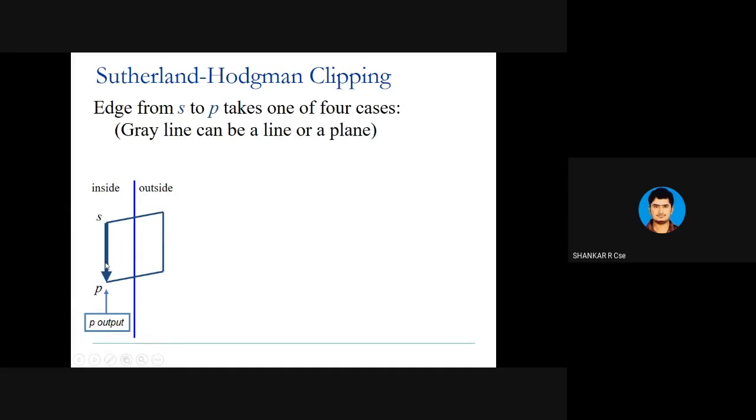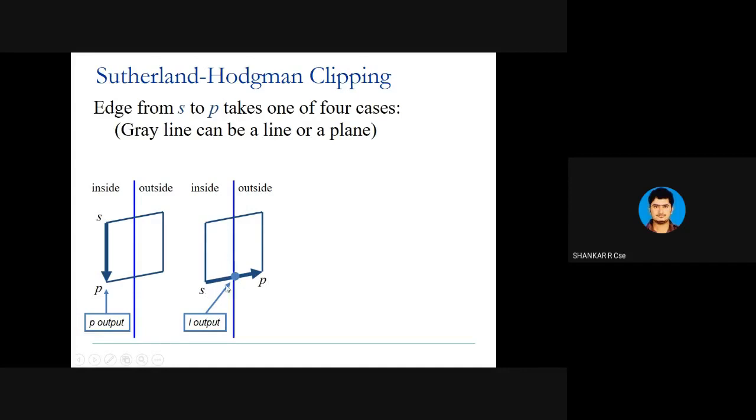For example, if you take this line SP, which is already inside the clipping rectangle, the output is also the same. In the second case, the line is SP, going to outside, and you can consider the intersection point as P dash. The start point is inside my clipping rectangle, and from the intersection point to the final point P, this region is outside my rectangle.